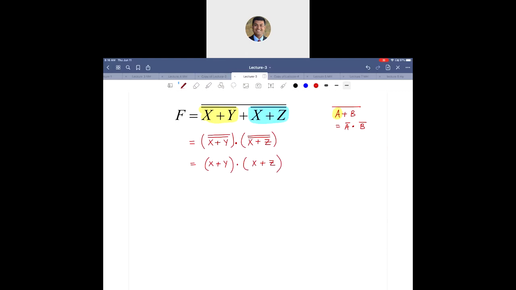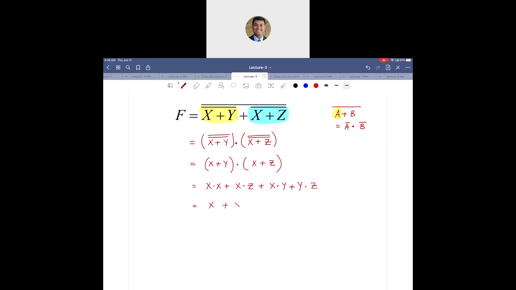Now you can directly use a property over here, or you can choose to distribute things using FOIL. So you can say x and x, or x and z, or x and y, or y and z. And then x and x will become x.